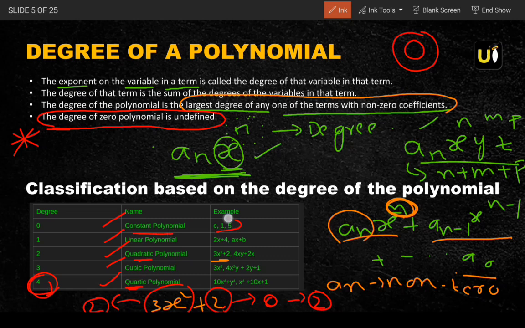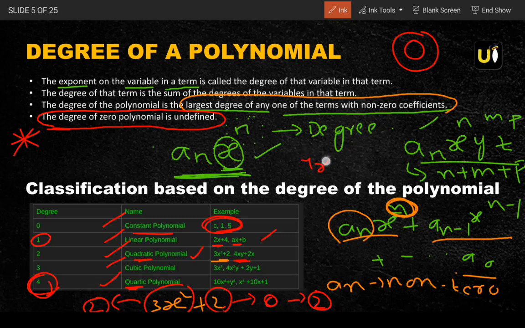Then coming to linear polynomial. Linear polynomial means the polynomial with degree 1. See here, the highest degree is 1 itself. So that is a linear polynomial. Similarly, a quadratic polynomial means the polynomial with degree 2. Here be careful, we are having two different terms, 4xy plus 2. That means the degree of this term is, this is 1, this is 1, so 1 plus 1, 2.